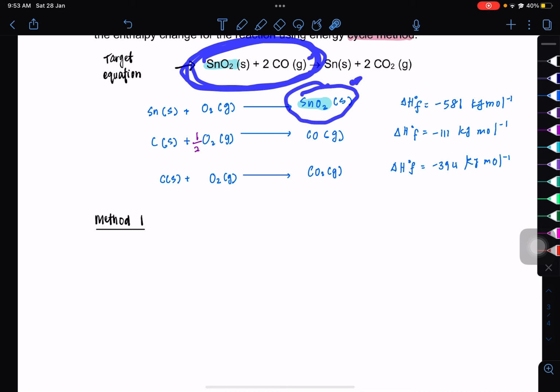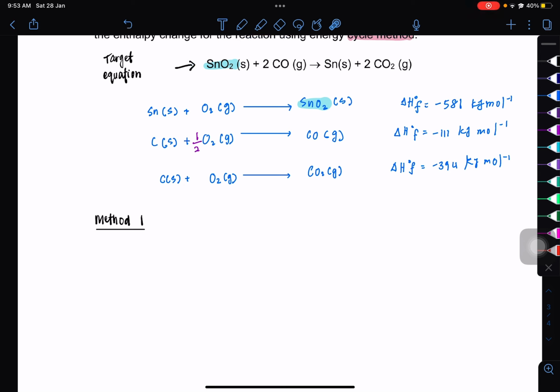So what you must do is swap the location.